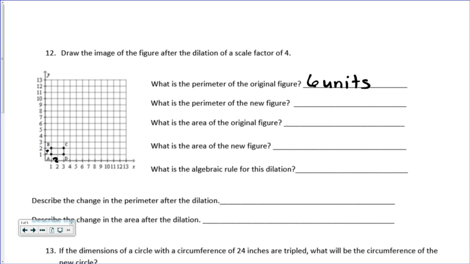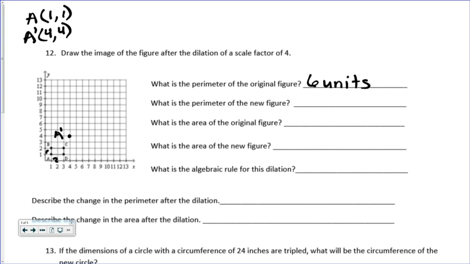Okay, well, if you actually dilated this because it asks you to draw it, our original ordered pair for A is 1, 1. Multiply that by a scale factor of 4. Our new image, or A prime, 1 times 4 is 4. 1 times 4 is 4. So the new A would be at 4, 4. That's A prime.